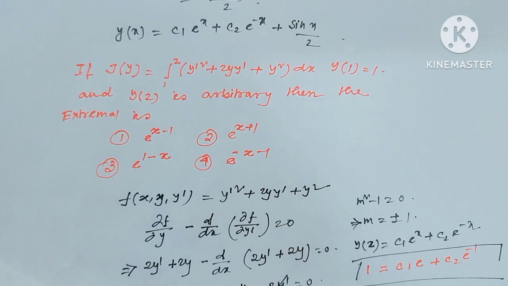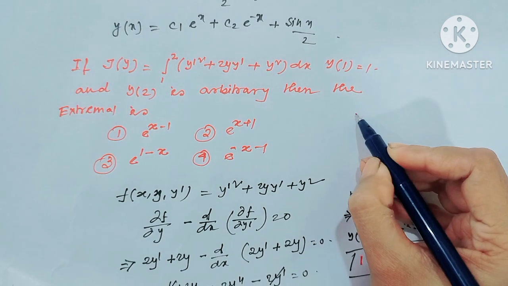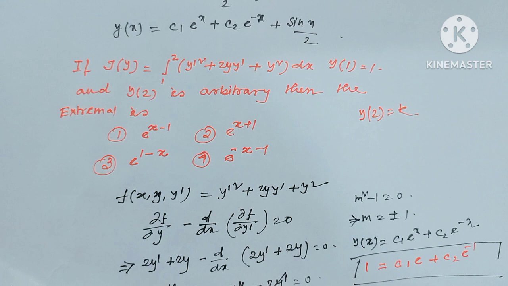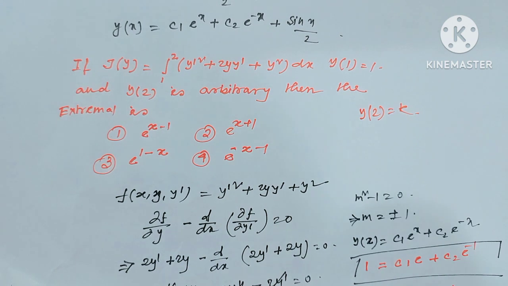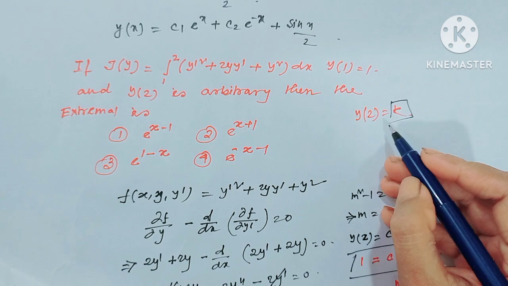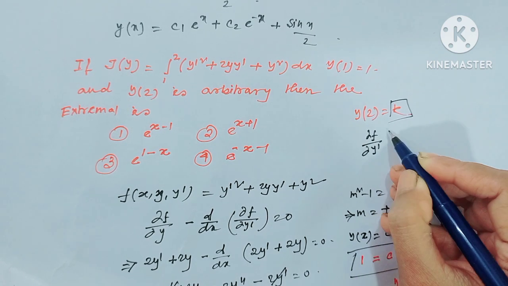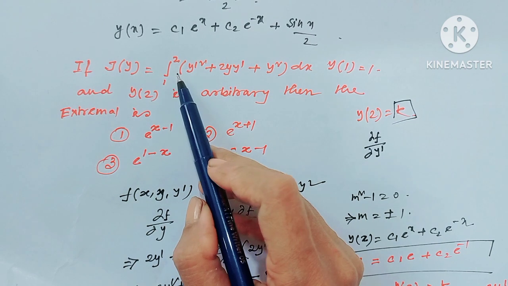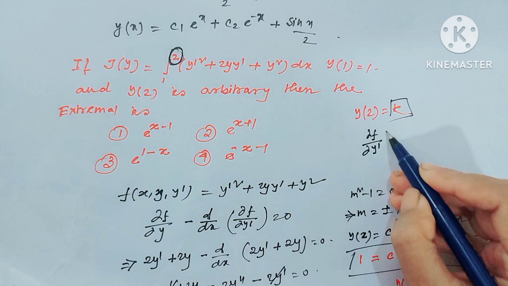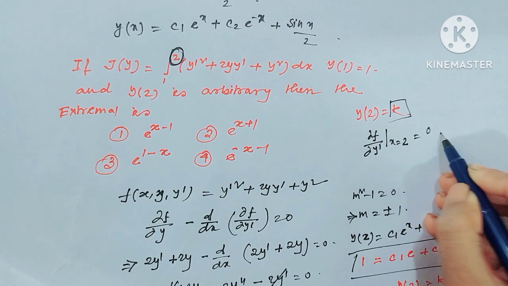For this condition, since y(2) is arbitrary, consider y(2) equal to some arbitrary number k. When arbitrary values are given, then ∂f/∂y' at the upper limit of the integral, at x = 2, would be 0.